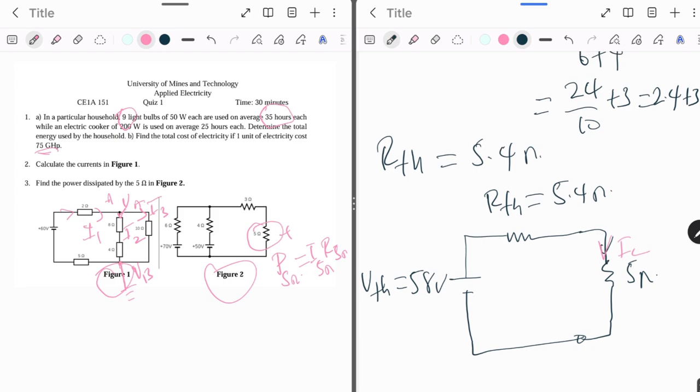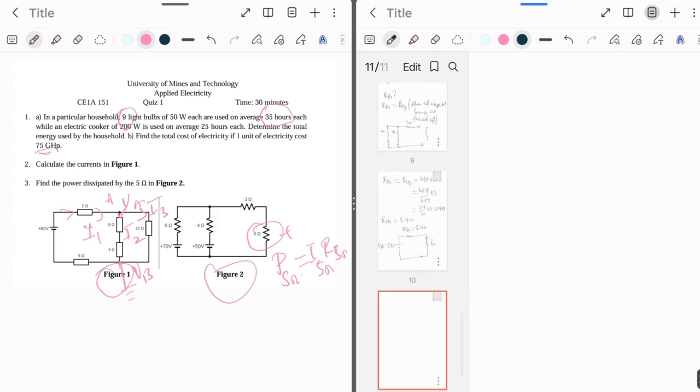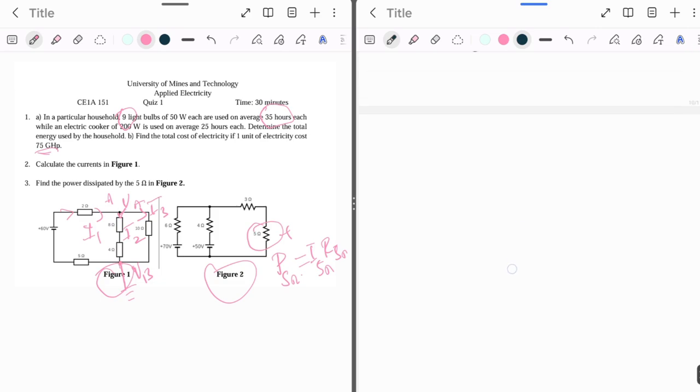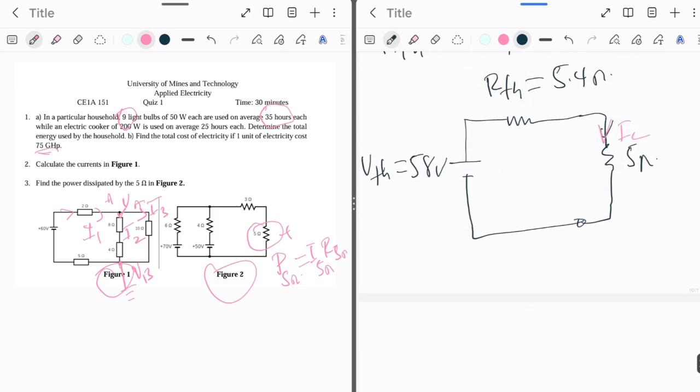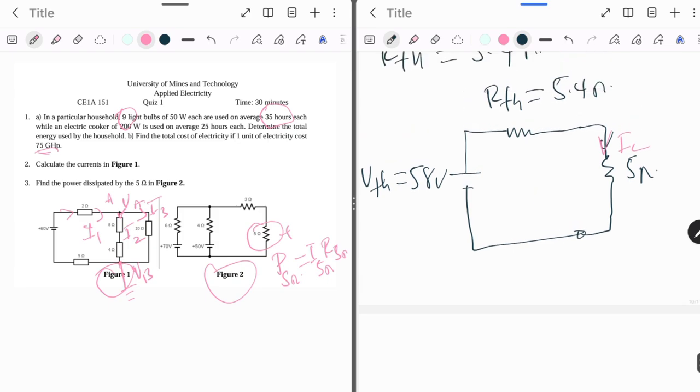So this is now just a simple circuit diagram. You can see that 5.4 ohms and the 5 ohms here are in series, right?